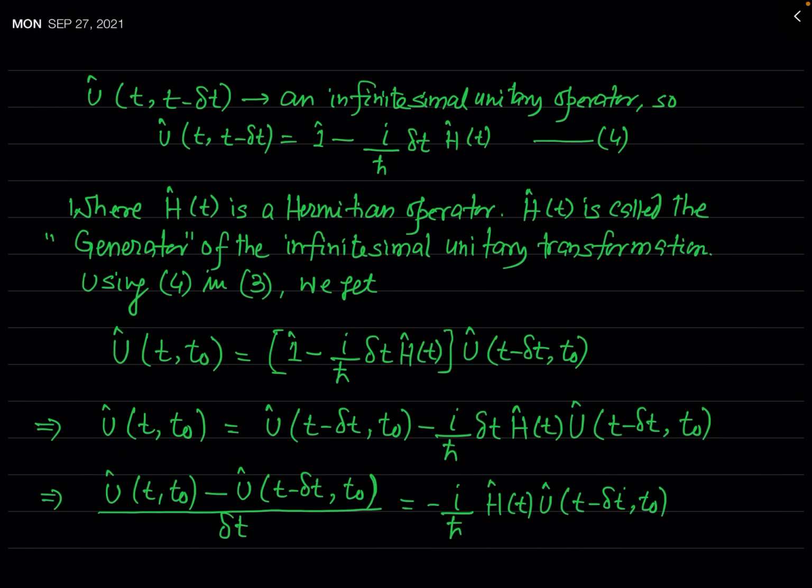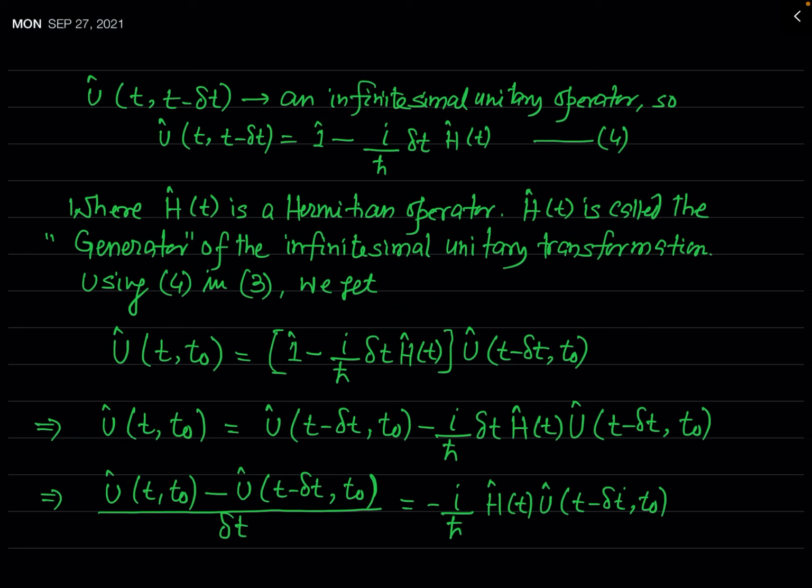Now this U hat(t, t minus delta t), in fact this is an infinitesimal unitary operator, and as I have told you that you should go through the lecture on the unitary transformation, where you will see that if this U hat is an infinitesimal unitary operator, then it is defined like this: U hat(t, t minus delta t) is equal to 1 hat.